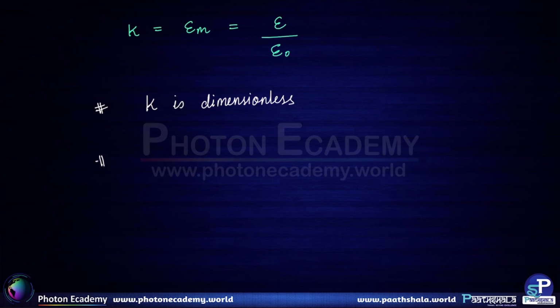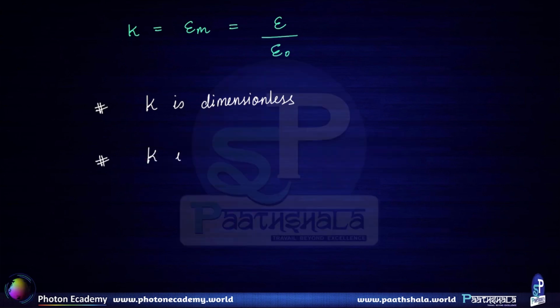If the medium is a conducting medium, then the value of K is infinity for a conductor. And that is also the reason why electrostatic lines cannot be present inside the conductor.